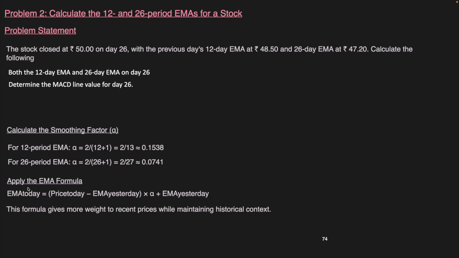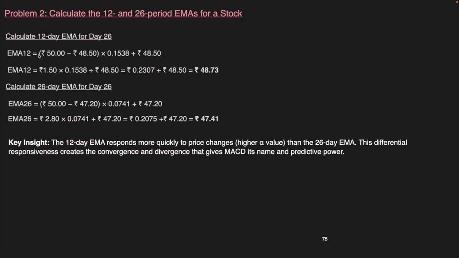Now apply the EMA formula. What is the EMA formula? As we have just explained, EMA today is equal to (price today minus EMA yesterday) times alpha, plus EMA yesterday. This formula gives more weight to recent prices while maintaining historical context. So EMA 12 is equal to: today's price, as the problem statement said the stock closed at rupees 50.